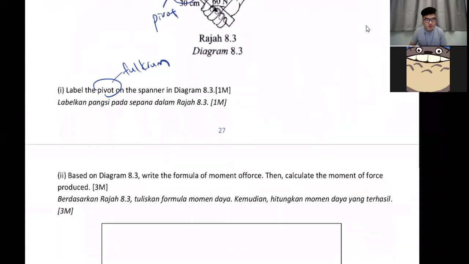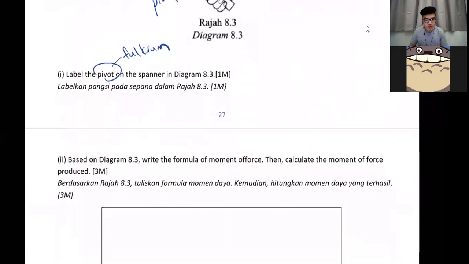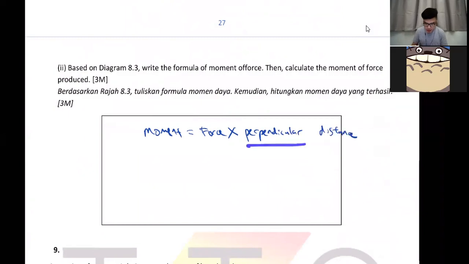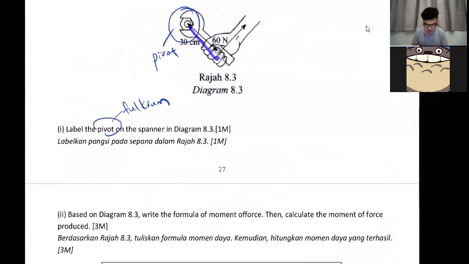And number 2, based on diagram 8.3, write the formula of moment of force. So what's the formula? Formula of moment is force times perpendicular distance. Why is it perpendicular? Perpendicular means 90 degrees.